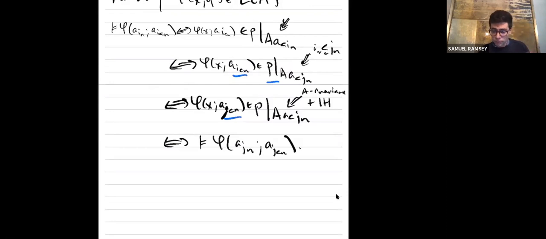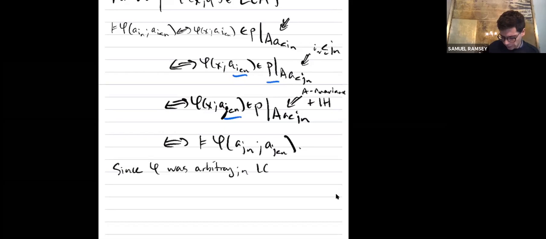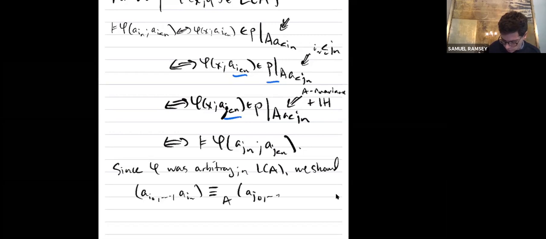And since that holds for any formula in L_A, we showed a_{i_0} all the way through a_{i_n} has the same type over A as a_{j_0} through a_{j_n}. And that's the theorem.